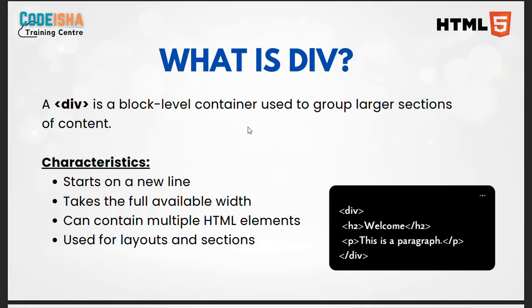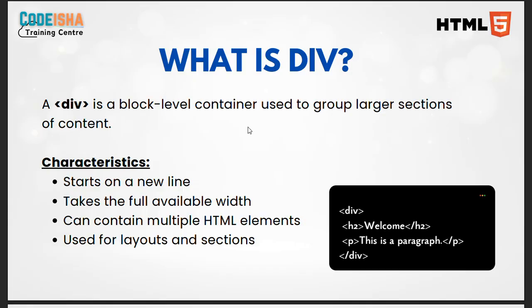It contains multiple HTML elements, whether it is a p tag, h tags, or image tags. We add all of these inside the div because it is a block element, and we use it for layouts and sections also. So this is the main key of the div.